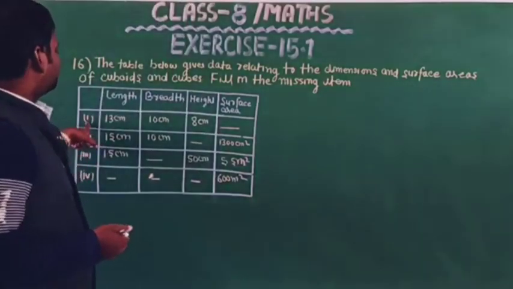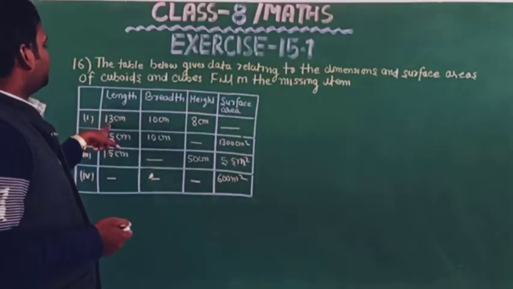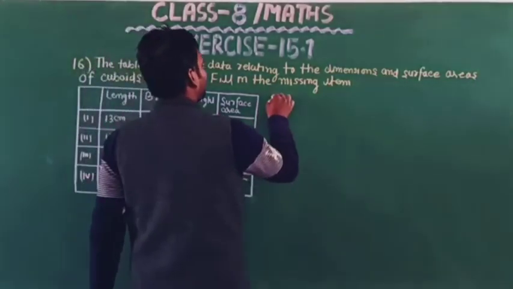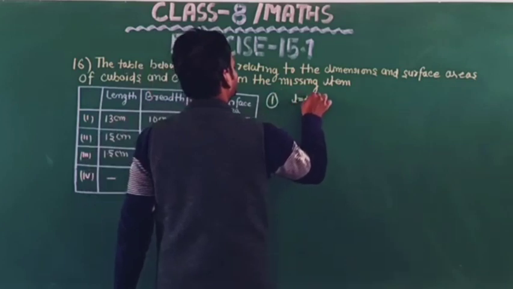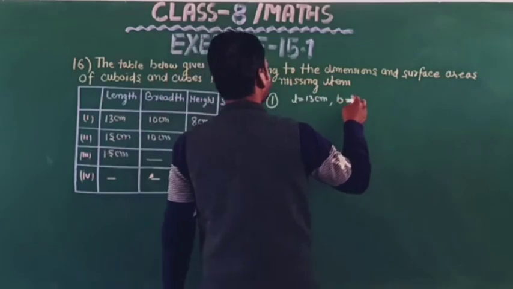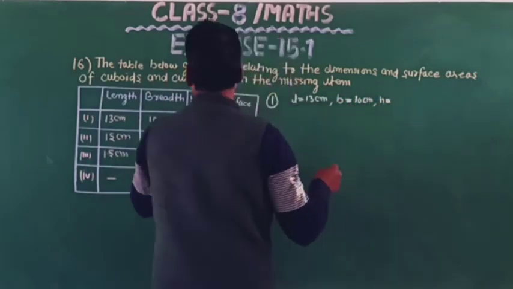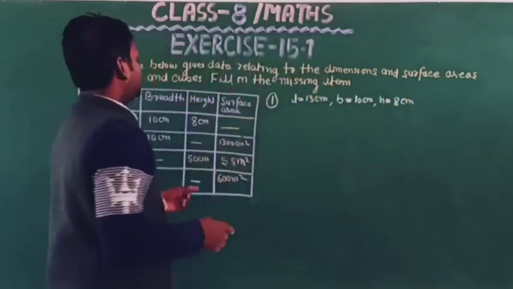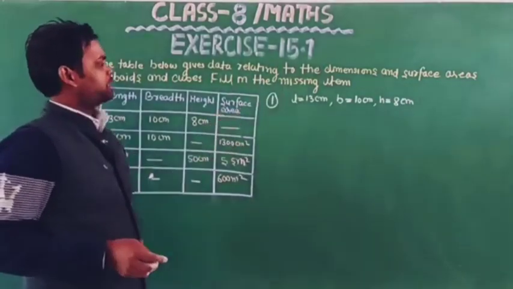In the first part we are given length equal to 30 cm, breadth equal to 10 cm, height equal to 8 cm, and we need to find the missing surface area.